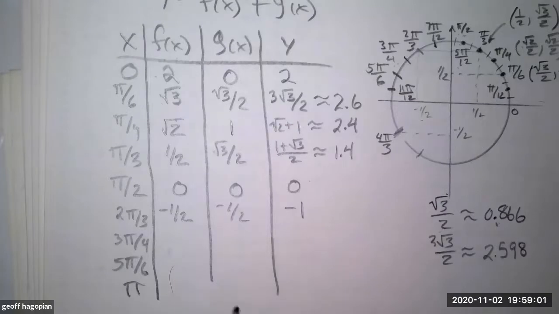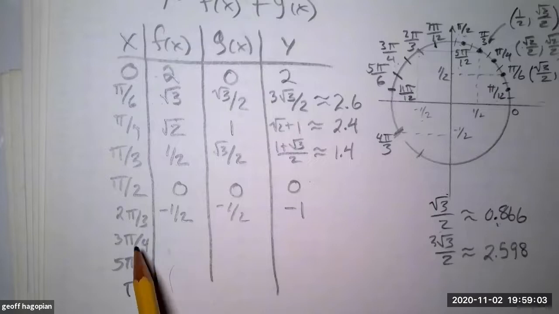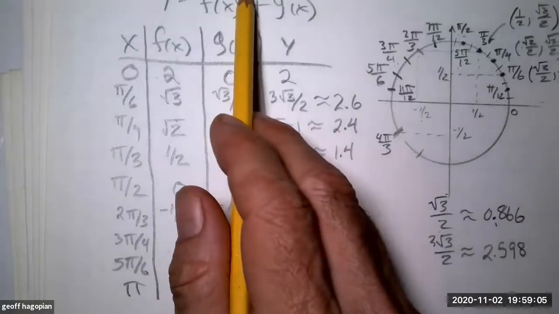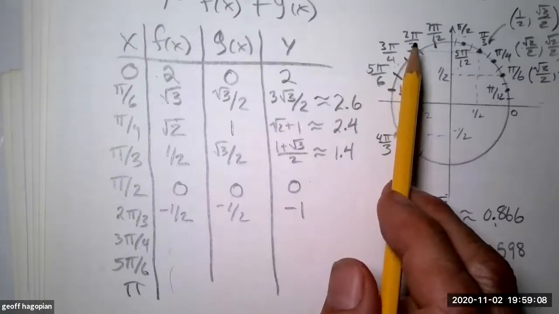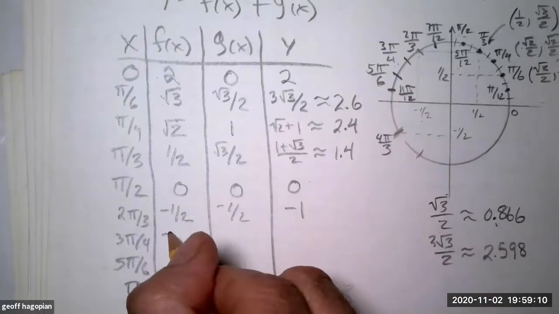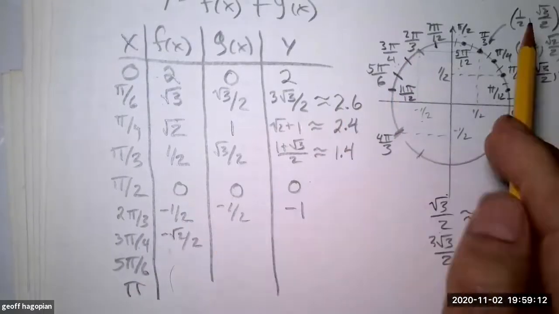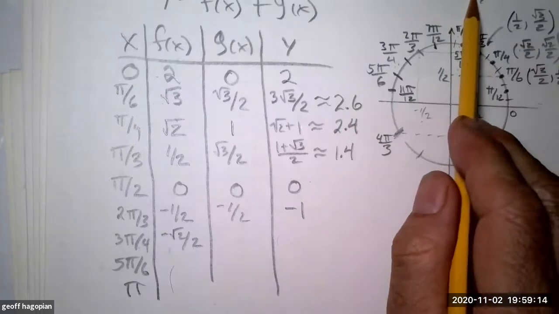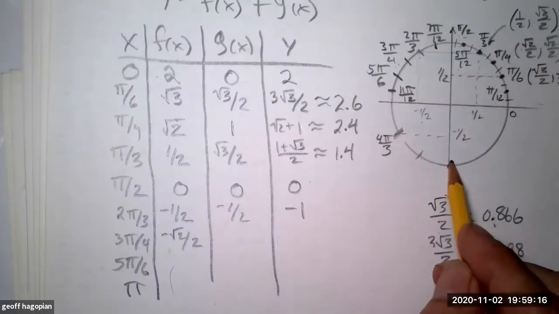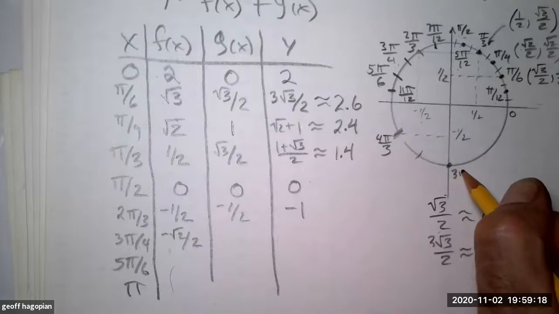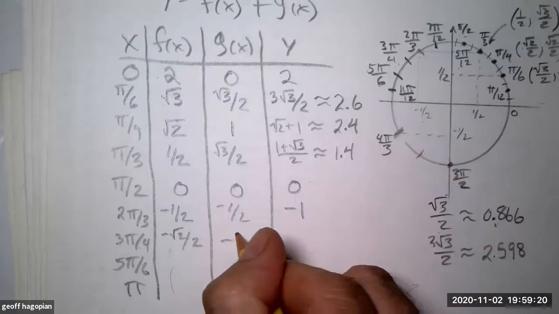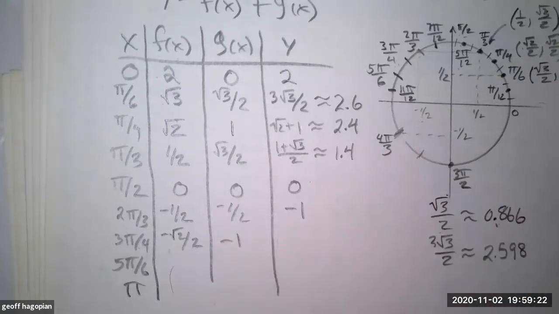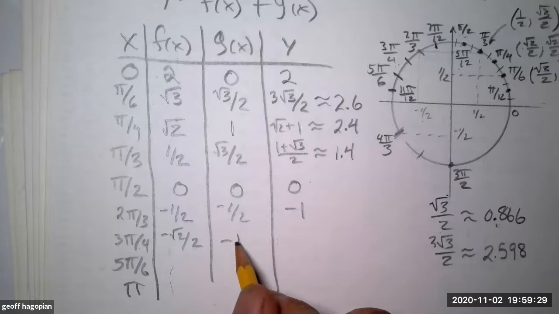All right, sorry. So 3 pi over 4, cosine of 3 pi over 4, that's negative square root of 2 over 2, right? And twice 3 pi over 4 is 3 pi over 2, that's the south pole, right? 3 pi over 2, where y is negative 1. Part of the reason for doing this is just to get familiar with navigating the unit circle, right? All right, so what do you get when you add these up?